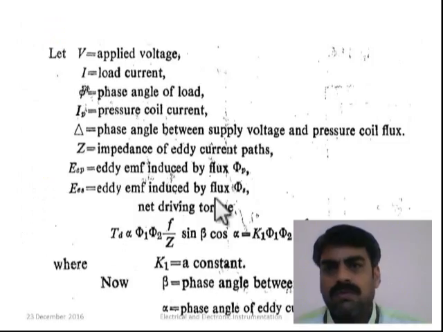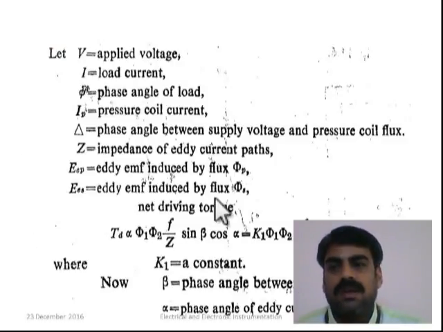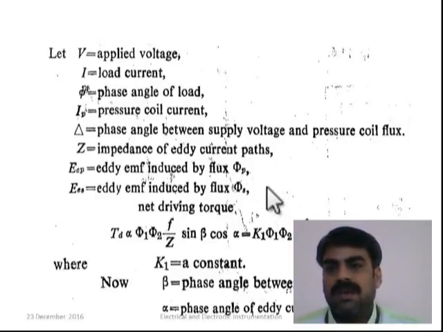Now let us see what is the expression for driving torque and what is the expression for braking torque, and finally we will get how the speed of the rotating disc is related to the energy. For that we are considering these nomenclatures.